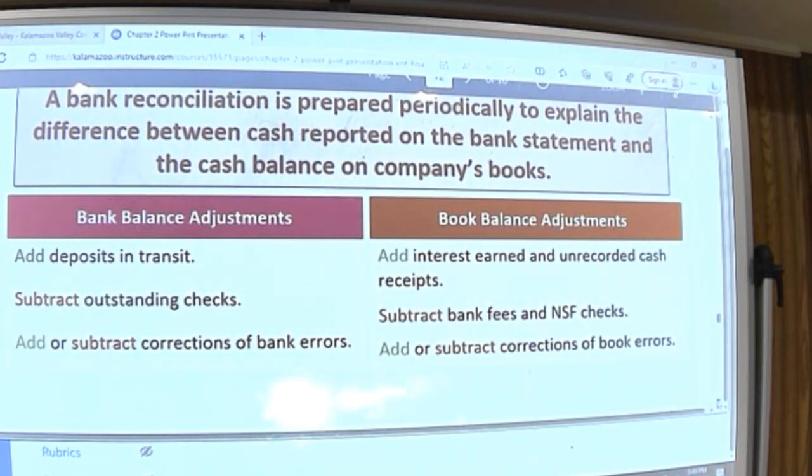An NSF check, again, is a check that we deposited in good faith. We thought it was good, but when it got to the payer's bank account, there just wasn't enough money to cover it. Didn't clear, came back through the system, and so we need to deduct that from our book balance.